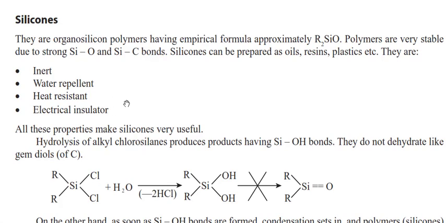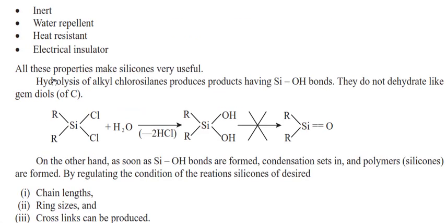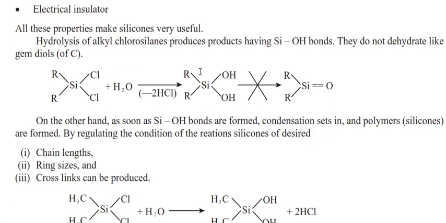Nowadays, for implanting body organs, silicon is used due to this inertness property. All of these properties make silicon very useful. Even in industries, people are using silicon oil, because with normal oil they will not achieve that much higher temperature.